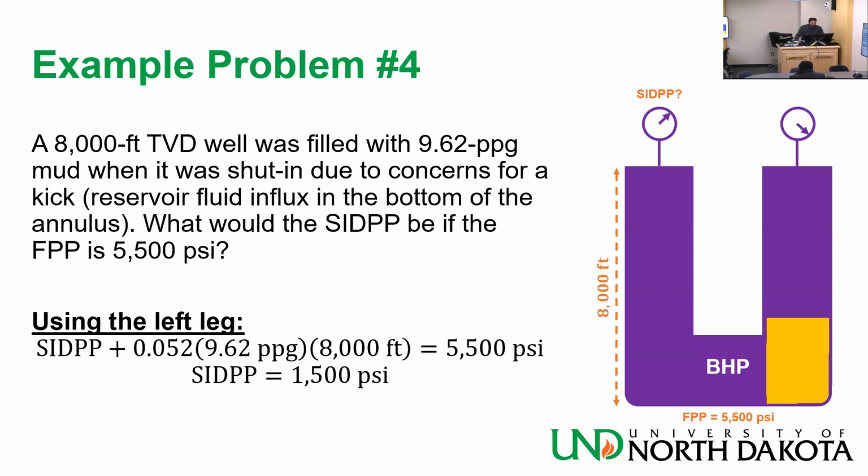Because 0.052 times 9.62 is 0.5, so 8,000 divided by 2 is 4,000 psi. So it's like doing 4,000 psi plus SIDPP equals 5,500 psi. Very easy to solve, right? Any questions?